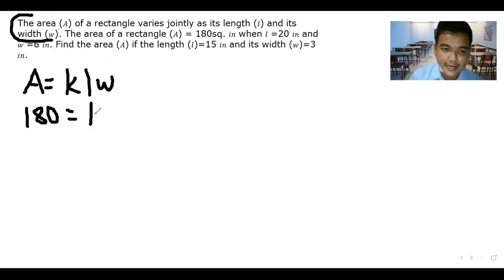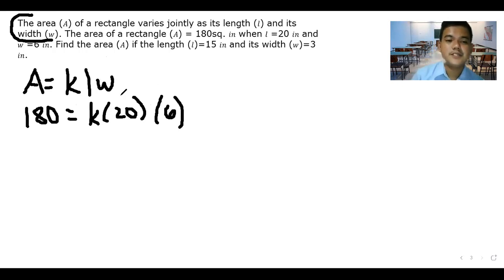Your K is still unknown, we will find it. Your length is 20. Your width is 6. Very good. So you need to multiply 20 times 6, which is equivalent to how many? Okay, that is 120. So that will be K times 120 or 120K.